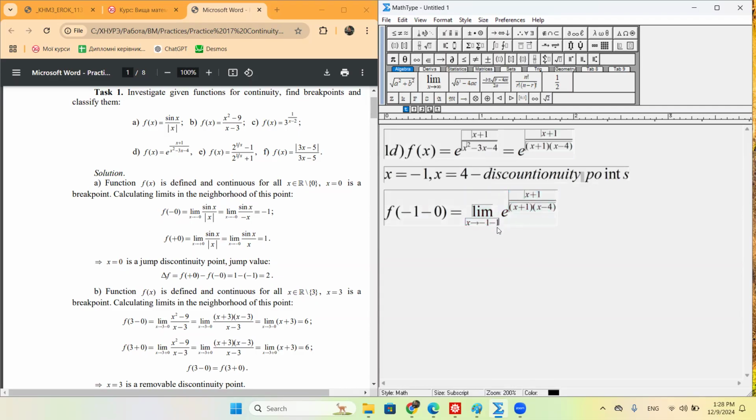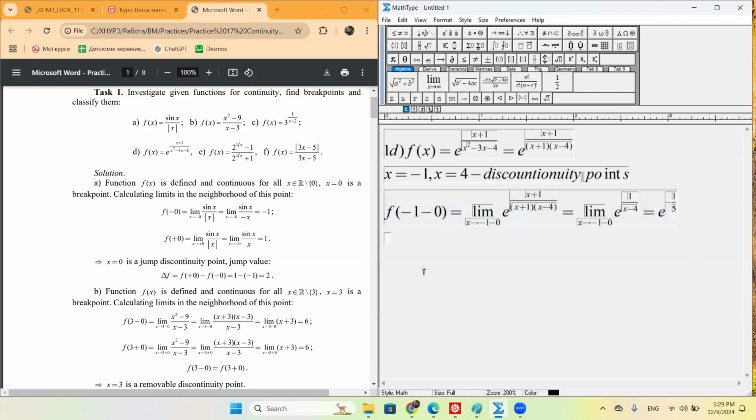So the indeterminate form goes away, and we basically have e in the power of minus 1/5 on the left.